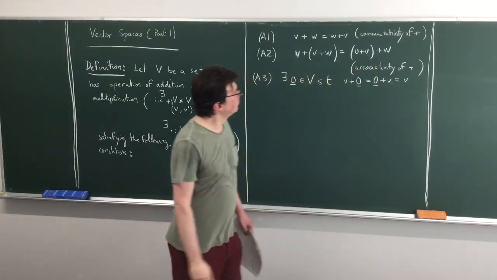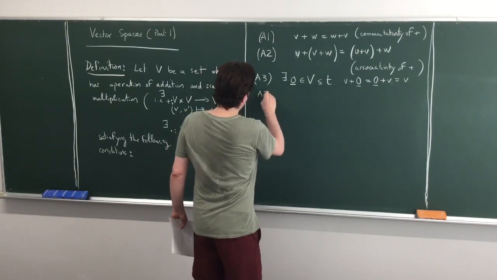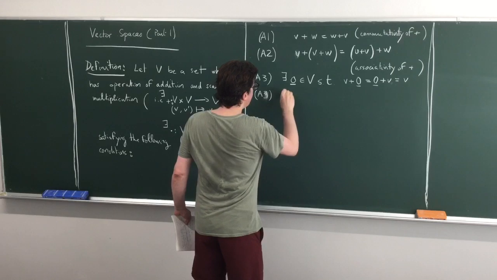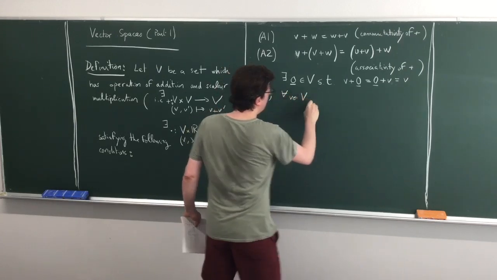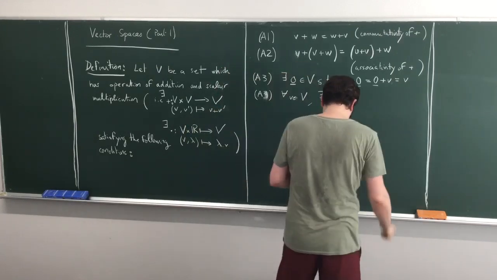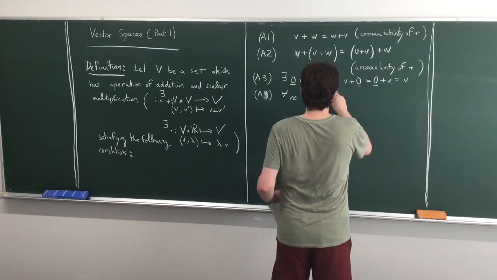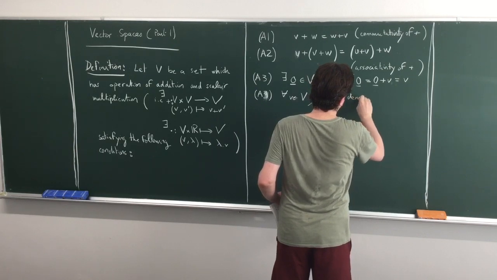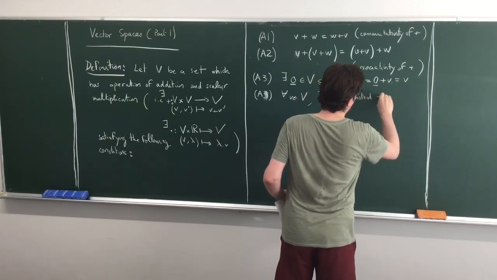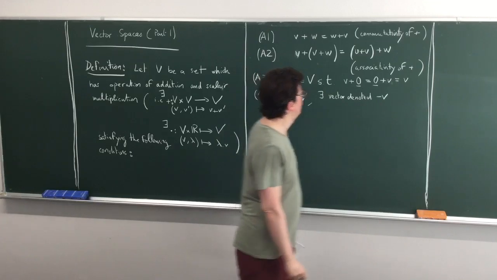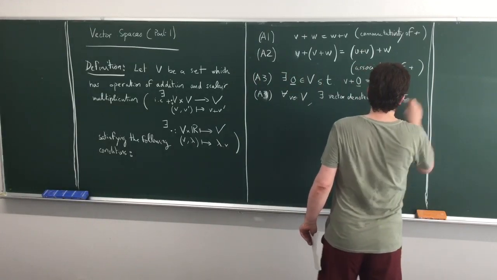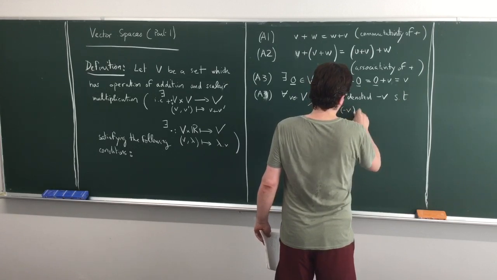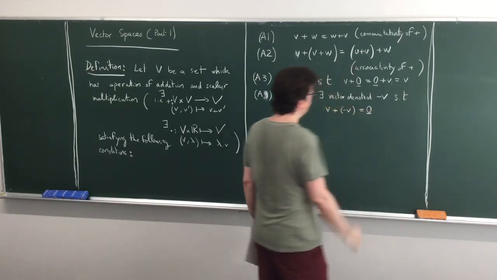Finally, we have the last condition for the plus. For any vector v, there exists a vector denoted minus v, such that it satisfies the condition that v plus minus v is equal to the zero vector.